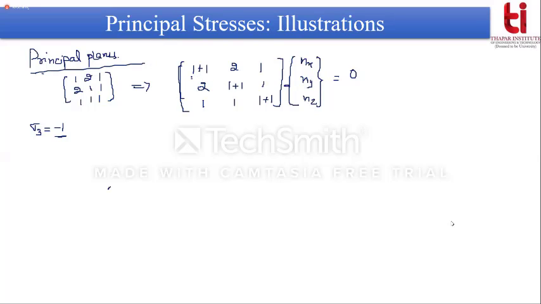So because it is 1 plus 1 here, it will be 2nx. So we will get this equation: 2nx plus 2ny plus nz equal to 0. This is a 3 by 3 matrix, and this is a 3 by 1 matrix. So you know that matrix multiplication is possible, and the resultant you will get is 3 by 1. So 2nx plus 2ny plus nz equal to 0, and the next equation is 2nx plus 2ny plus again nz is equal to 0.